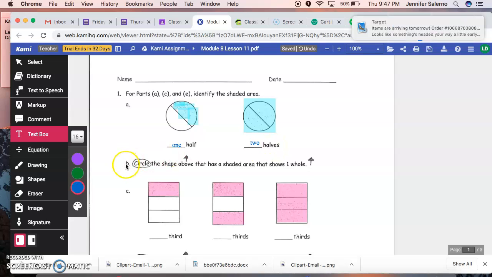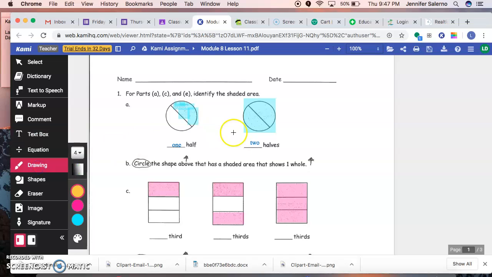Now part B is saying that I need to circle the shape above that has a shaded area that shows one whole. So when I look at these two, which of them is showing the entire shape is shaded into one whole, okay? So that means I'm going to come to my drawing and I'm just going to circle this one right here because everything is shaded, so that equals one whole, okay? So that's what I had to do for part A and B.